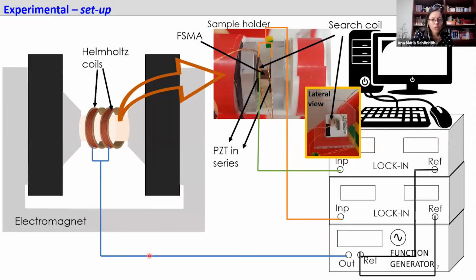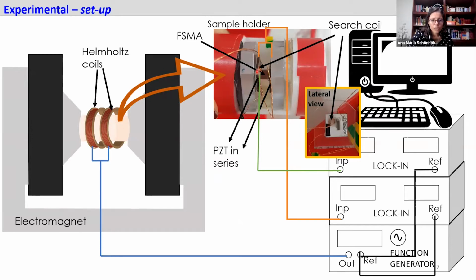The sample holder was placed between the poles of an electromagnet. Then, to measure the magnetoelectric voltage, a DC magnetic field produced by this electromagnet and an AC field produced by these Helmholtz coils were applied, thereby deforming the ferromagnetic alloy. Here we have the composite.